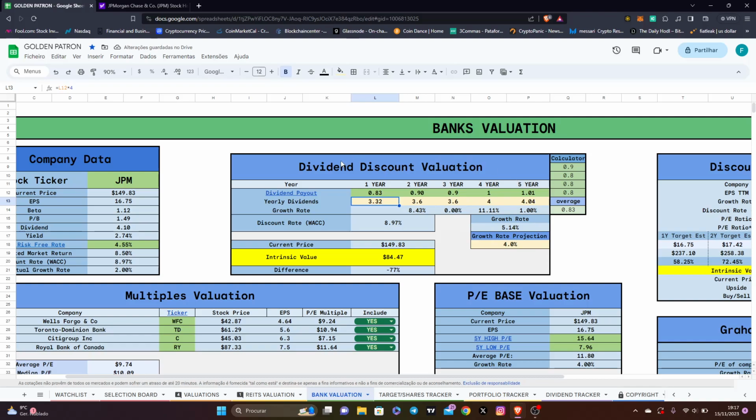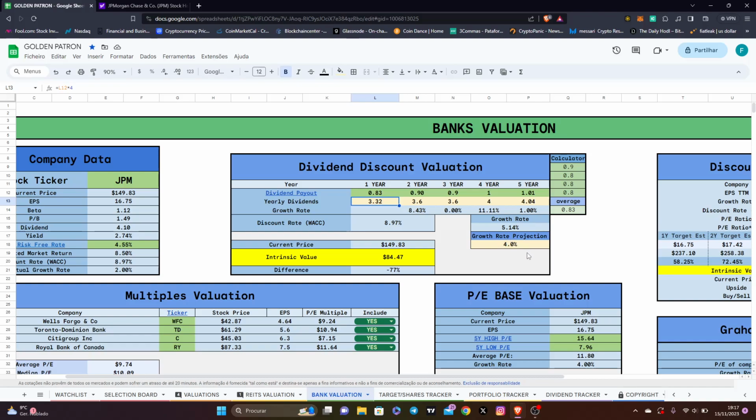Once we do that, we get the growth rate, and the growth rate for JP Morgan is 5.14% on the dividend discount valuation. So then we can leave the growth rate projection at 4%, and that's because banks tend to be slow growers.